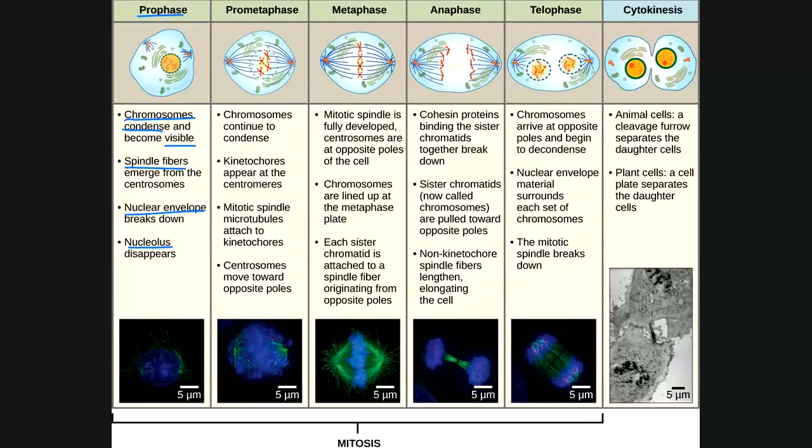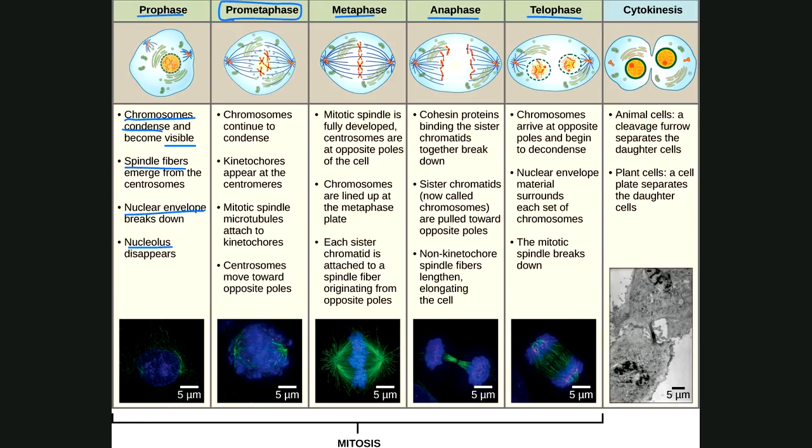Now moving on, we get to prometaphase. If you think of mitosis as having four phases, prophase, metaphase, anaphase, and telophase, then prometaphase would be in between prophase and metaphase. So at this point, what do we notice about prometaphase that's moving forward from prophase?